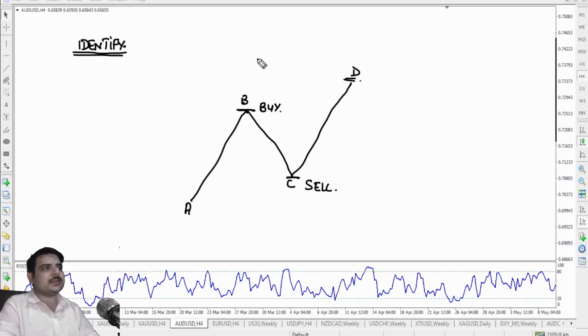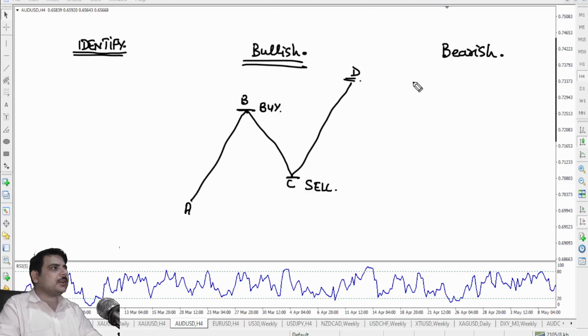Because remember, in the market at the same time there will always be a bullish and a bearish pattern, and you have to remember this. So the example that I gave is the bullish one, and the bearish is this one, in which the starting point is the top A, and then like this.